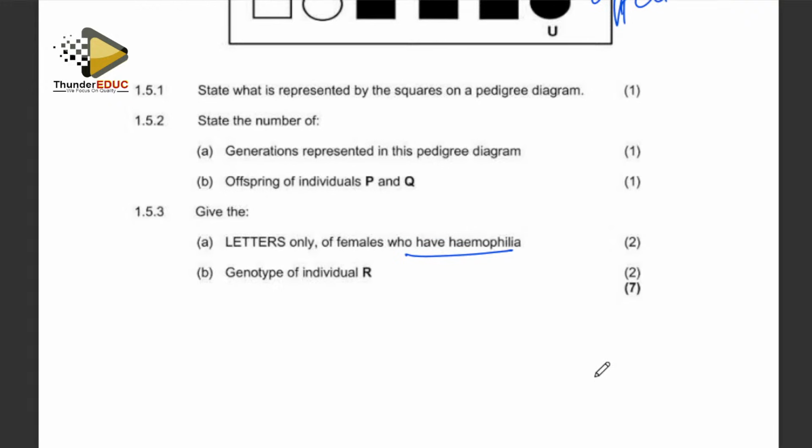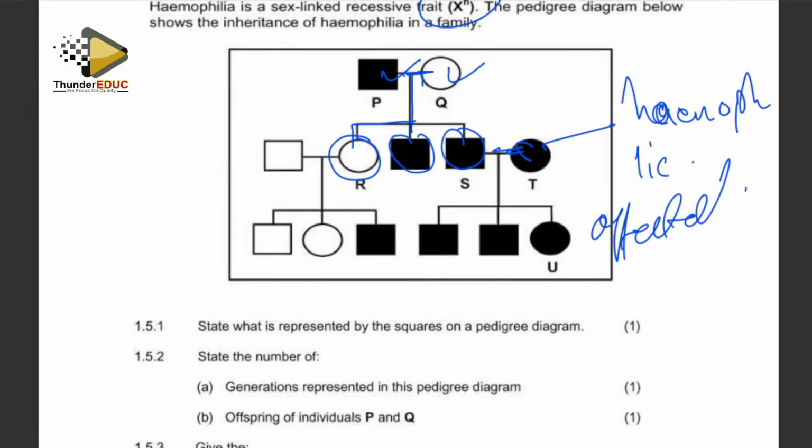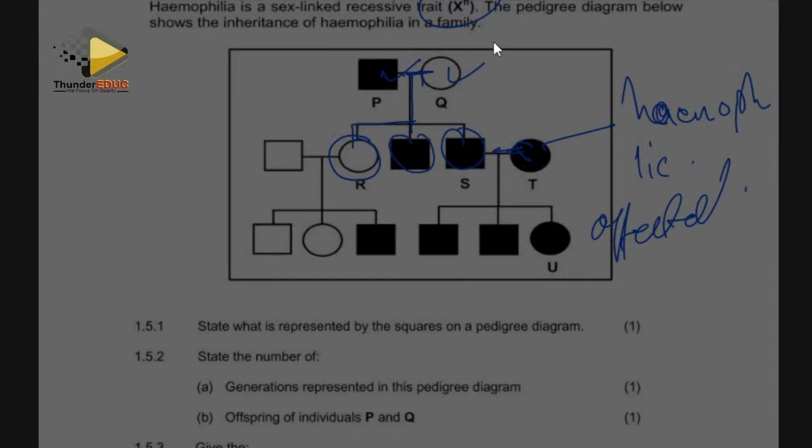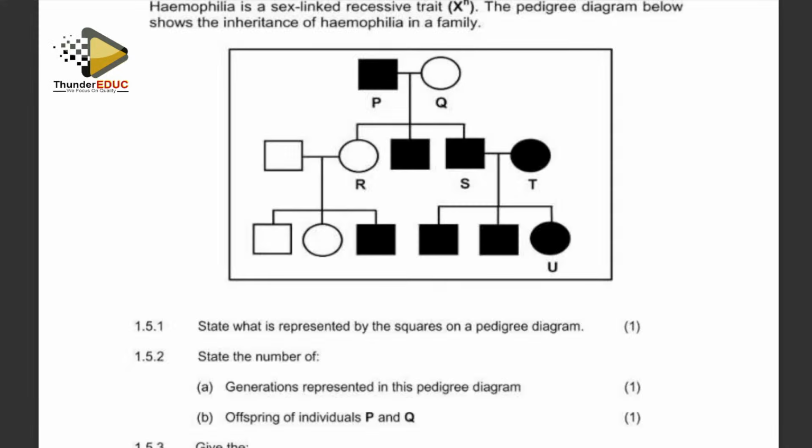They are asking for the genotype of R. This is just a small recap of what we said yesterday. R is here, but R is normal, and also this one is normal. So it means that this is a male and this is a female.